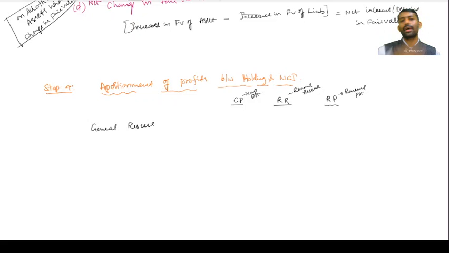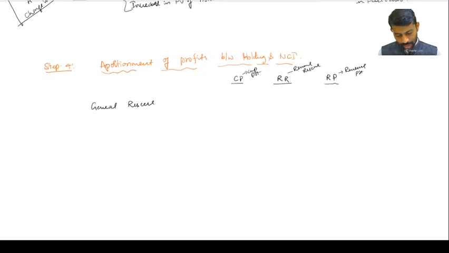Only in general reserve and P&L is the post-acquisition portion revenue: in general reserve we call it revenue reserve, and in P&L we call it revenue profit. In your study material, they have not bifurcated and have used revenue for both. In the general reserve, the opening balance I would have taken as capital profit, and the post-acquisition portion as revenue reserve.